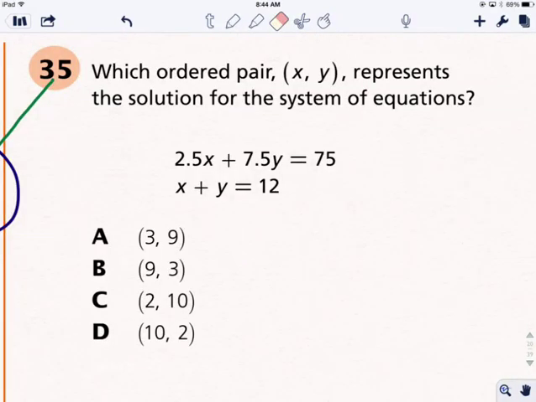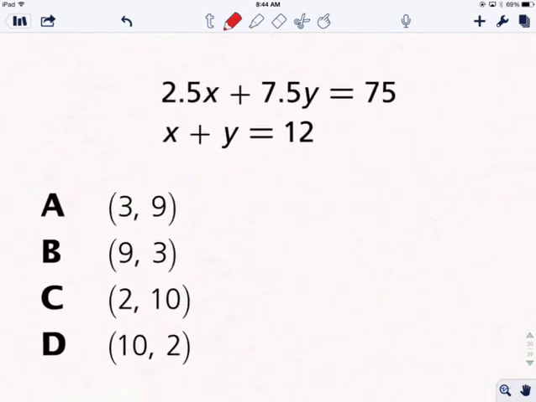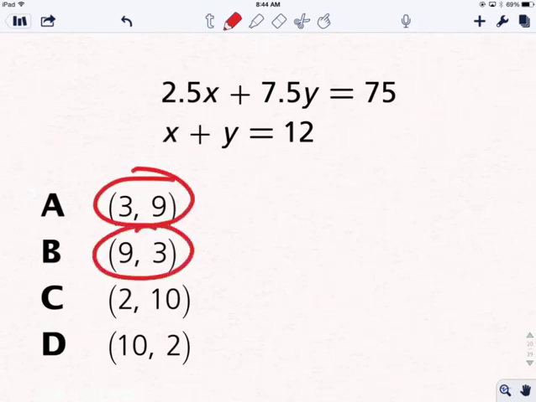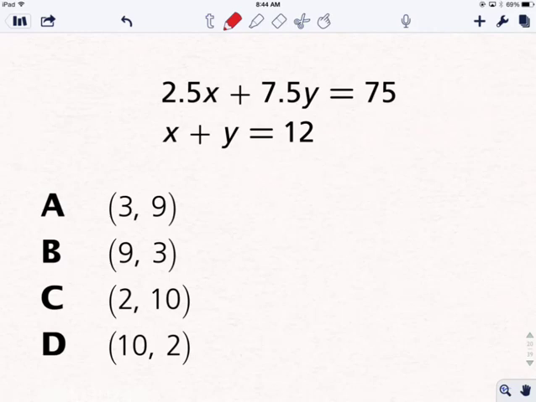All right, number 35, last problem that we're going to do in this video. Which ordered pair represents a solution for this system of equations? Well, first thing you might notice is each of these x and y pairs satisfy the second equation. You see that? If you add the x and the y of any pair, they add up to 12.